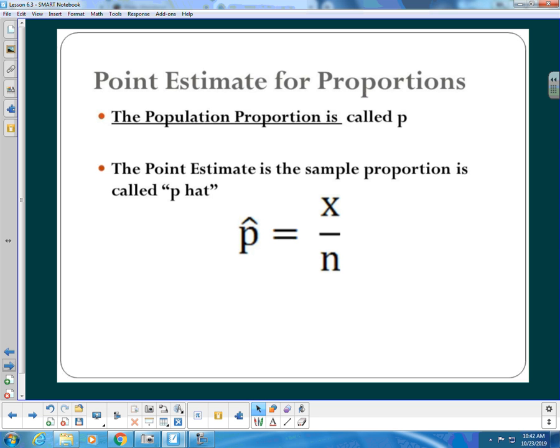You're finding the percent. And that is the sample proportion. It's called p-hat. So it's not the mean of the population. You're looking at a sample and finding the percentage of that sample. So it's called a sample proportion, or p-hat.